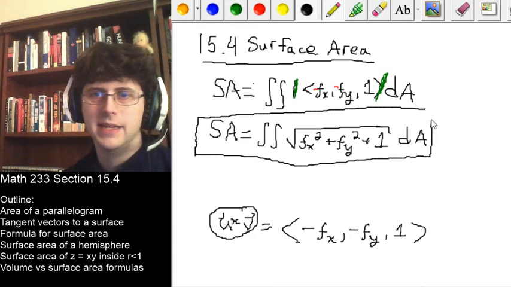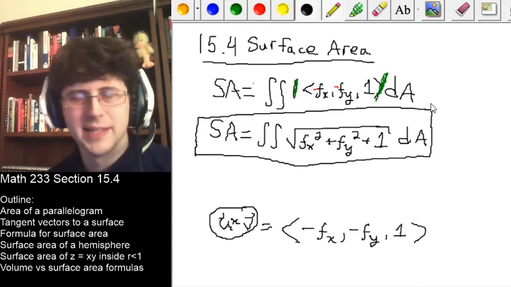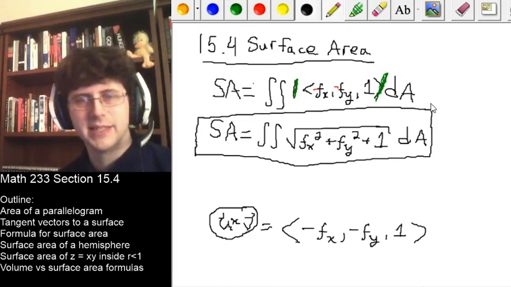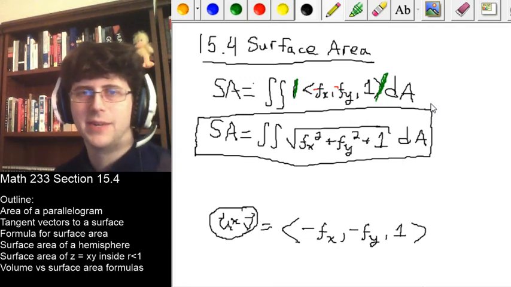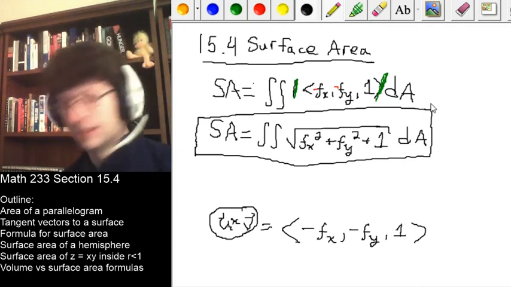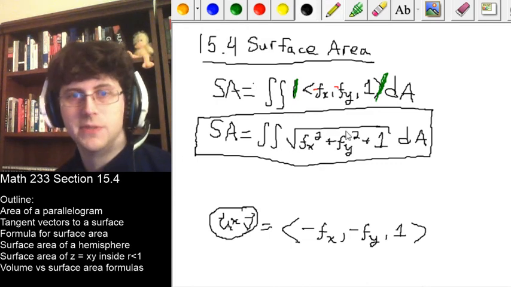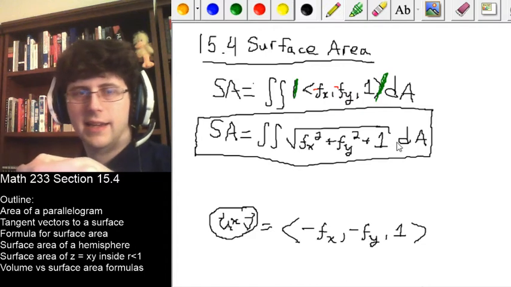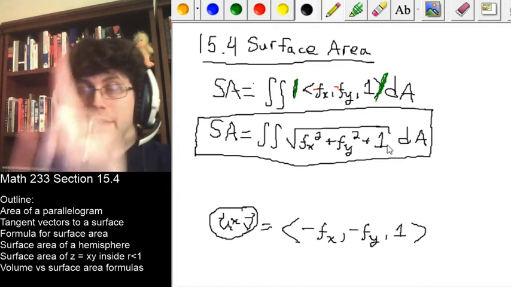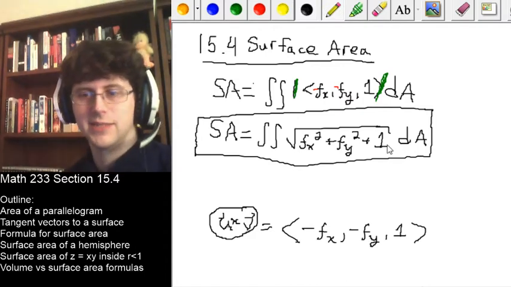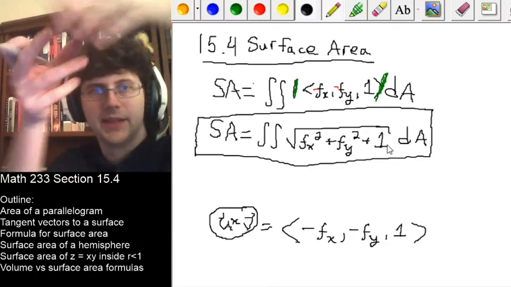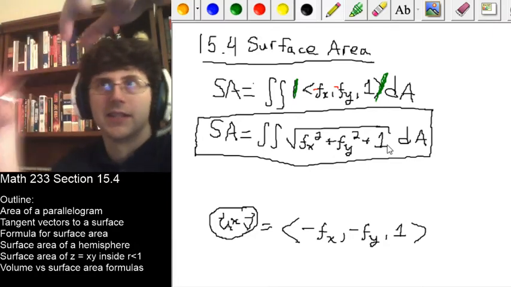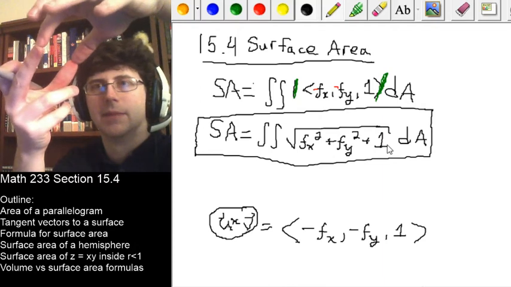I'm not going to make you ever derive the formula. That's not really what the focus of this particular calculus class is, but I always want to show you where the formulas come from. What you should imagine happens when you do the surface area formula is you look at a little bit of area in the xy plane, that's this dA, and then you look up above it, and up above dA in the xy plane is this parallelogram. It's maybe off at an angle because the surface is all wobbly.